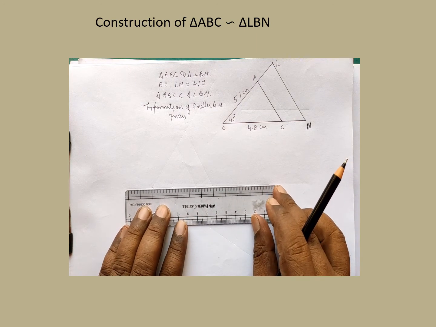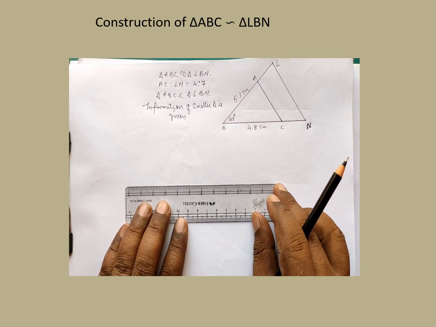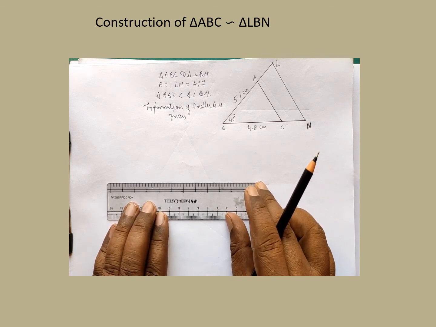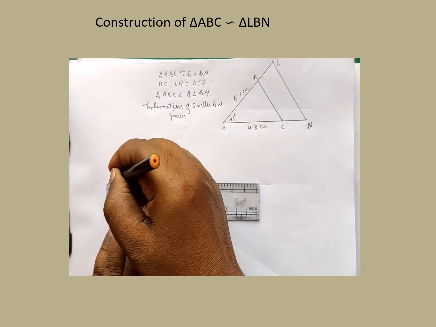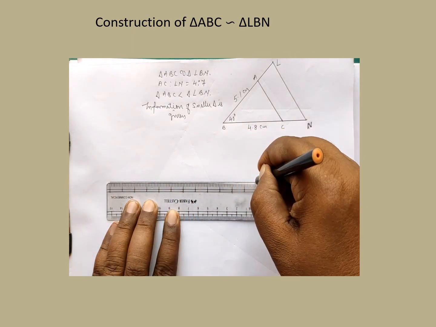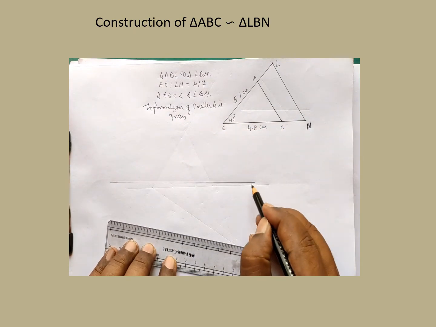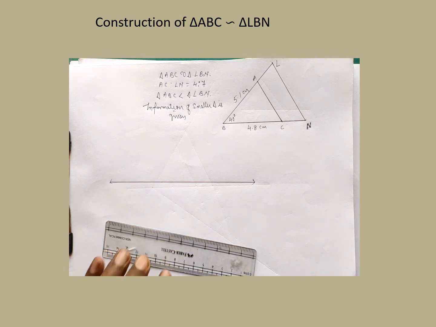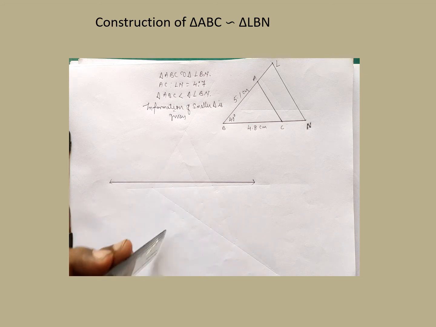Again, first we are going to draw the smaller triangle so that we don't have any problem. Draw a line, and we will take BC as 4.8.